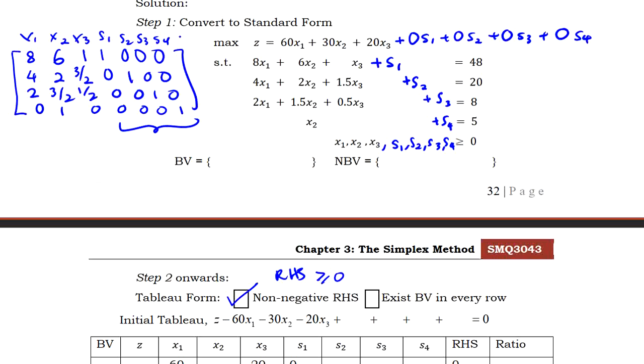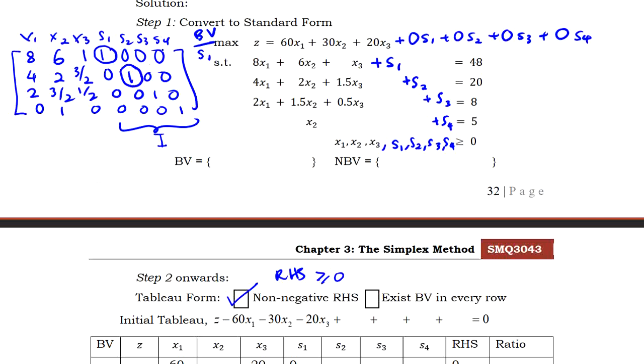From s1 to s4, these 4 columns form an identity matrix. So for the first constraint, s1 is the BV, because here the coefficient is 1 and the rest of the row is zeros.